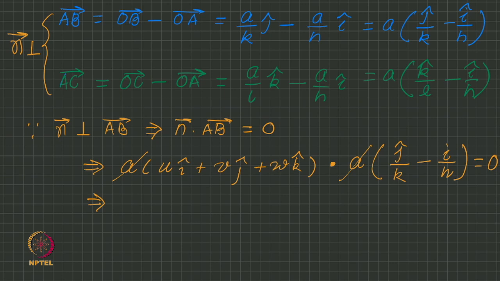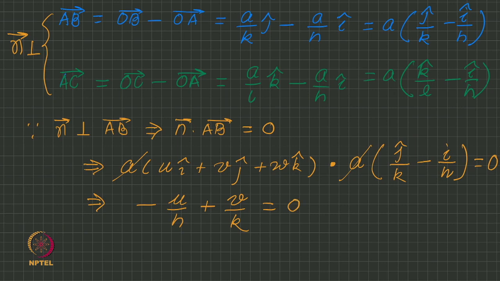So, the i dot i term is minus u by h, which will come from the first term of the first bracket multiplied by the second term of the second bracket, and then j dot j will come from the second term of the first bracket, that is v by k, and this is equal to 0.